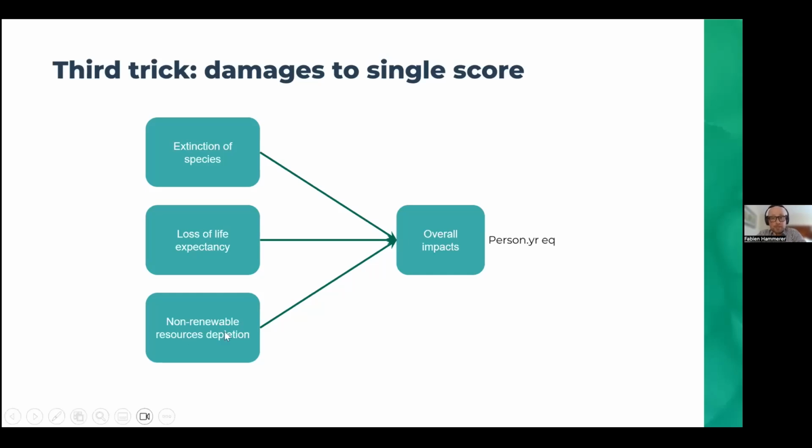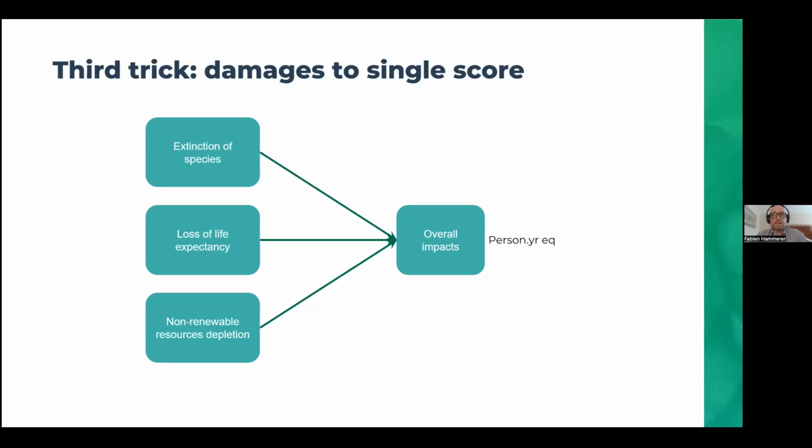And also the unit here, the person year equivalent, which corresponds to the amount of damages a person would make over the year in terms of an average on the planet, makes little sense given the high diversity of impacts generated by people depending on where they live.